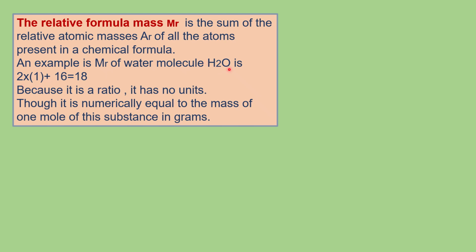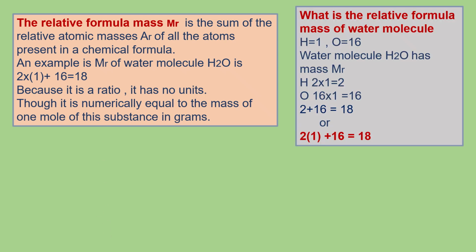We have only 1 atom of oxygen in a water molecule, so it is 1 times 16, which is 16. We add all the masses together, so 2 plus 16 is 18. Because it is a ratio, it has no units, but the numerical value of the formula mass, which is 18, is the same as the mass of 1 mole of this substance in grams. So the mass of 1 mole of water is 18 grams.